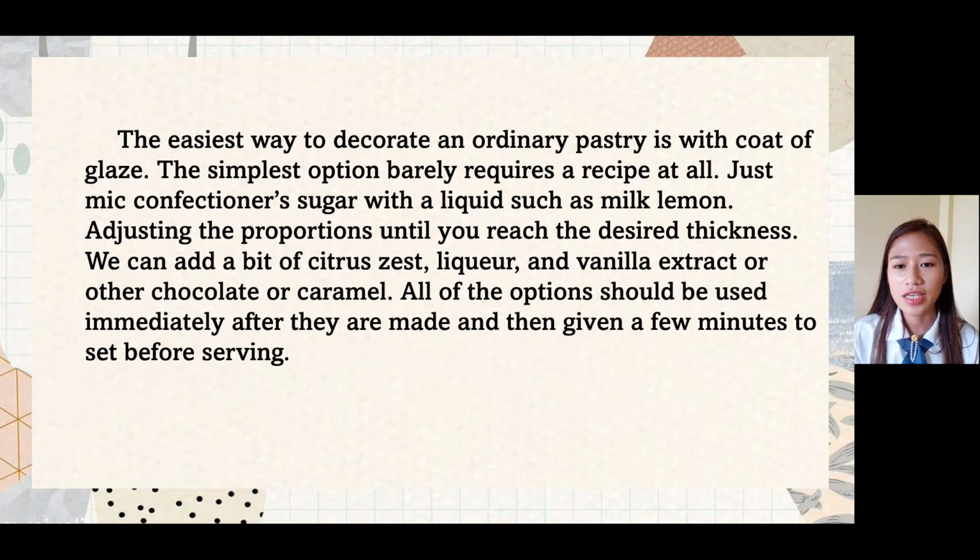The easiest way to decorate an ordinary pastry is with a coat of glaze. The simplest option barely requires a recipe at all. Just mix confectioner's sugar with a liquid such as milk or lemon, adjusting the proportions until you reach the desired thickness.